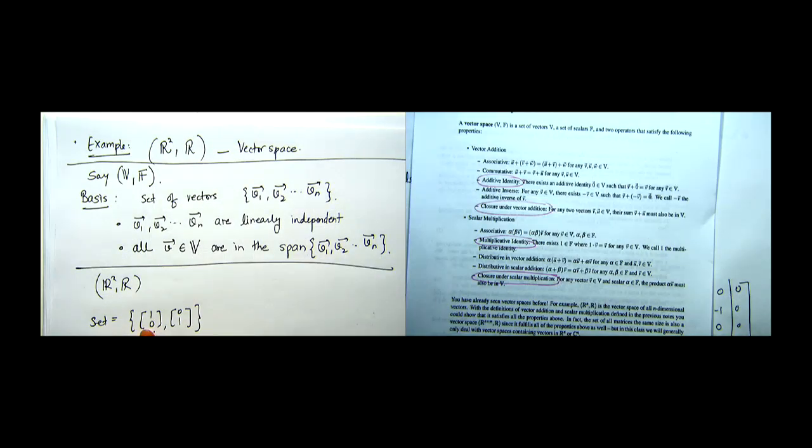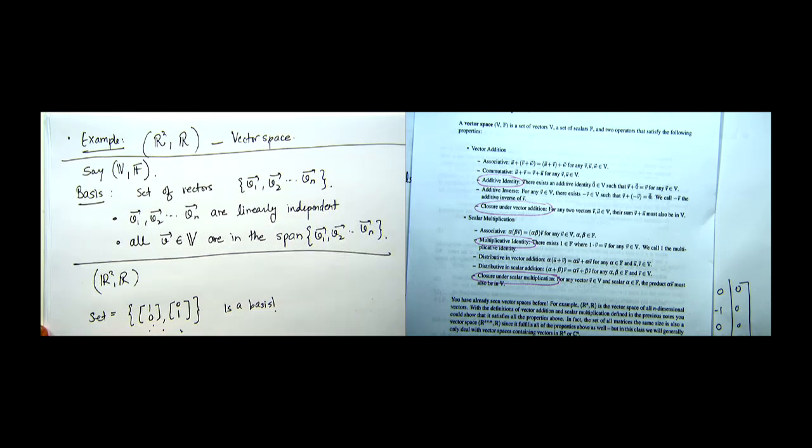Is this a basis for R2? How do we check this? First, there are two vectors in here, v1 and v2. Are they linearly independent? Yes. Second, can I express any vector in R2 as a linear combination of these? Is any vector in the span of these? It is, right? We did a proof like a couple of lectures ago that showed something very similar, right? So great, this is a basis.